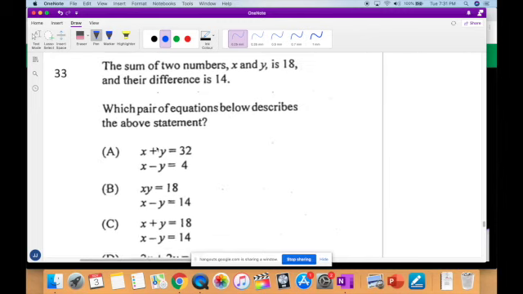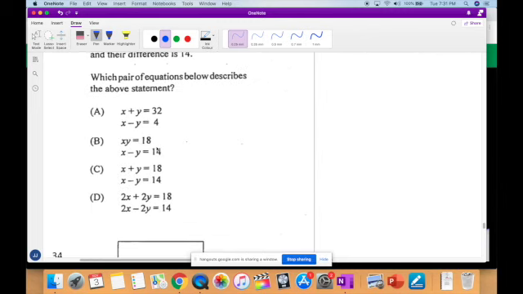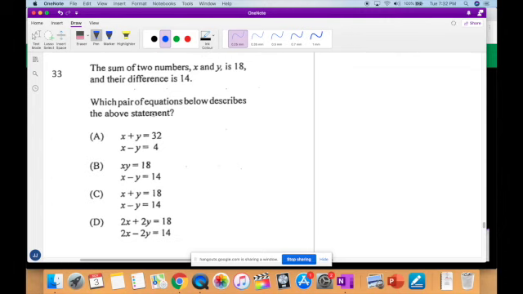Number 33. This one is super easy, even though it looks really tough. The sum of two numbers x and y, so we know that the sum of two numbers x and y is equal to 18, and their difference, so x minus y, is 14. Is there anything that matches that?